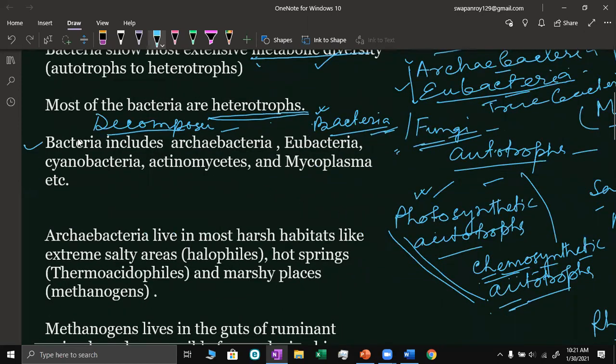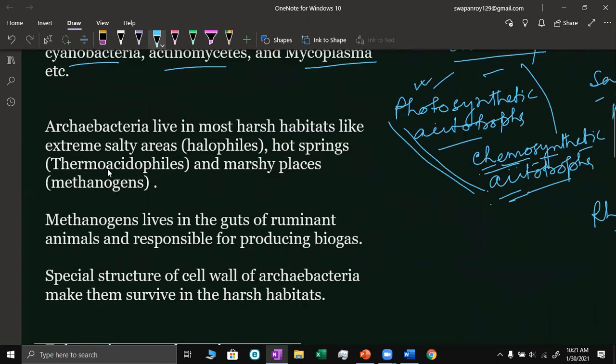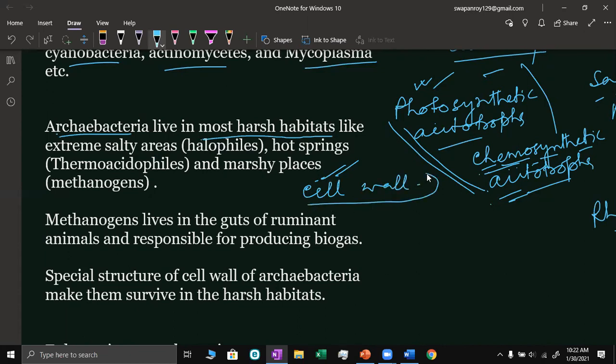So this I have already told, that bacteria include Archaebacteria, Eubacteria, Cyanobacteria, Actinomycetes, and Mycoplasma. Archaebacteria originated early in evolution, and they can live in the most harsh habitats, and this is possible due to their special cell wall. You know that the cell wall is the protective boundary of all cells.